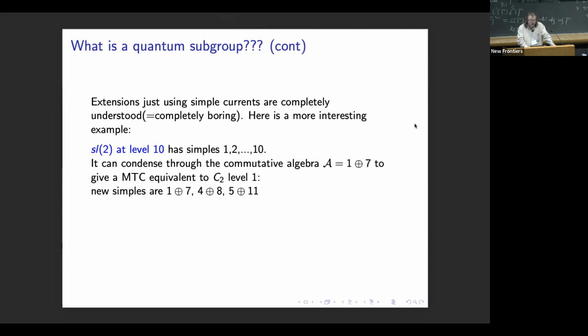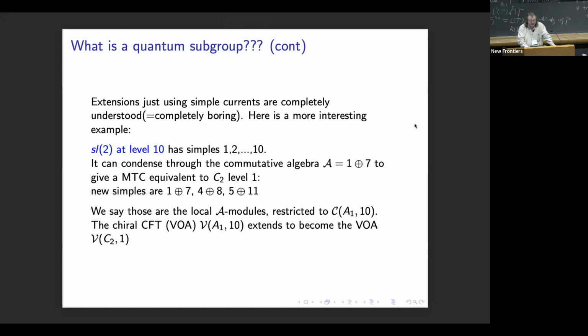It gives you the corresponding modular tensor category, which is isomorphic to C2 at level 1. And the new simples, again, you restrict: C2 at level 1, as you may know, has 3 simples, and if you restrict those 3 simples, you get the things I wrote down there. So this is a much more interesting one.